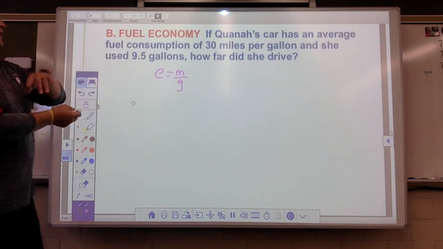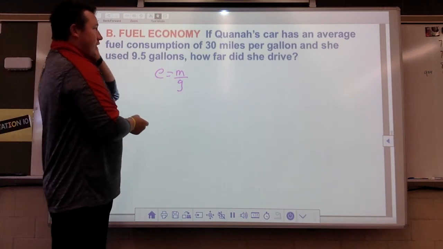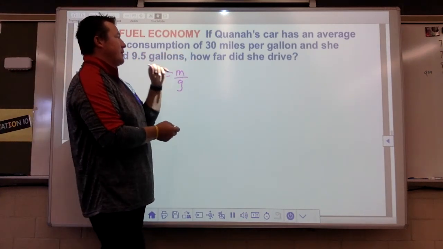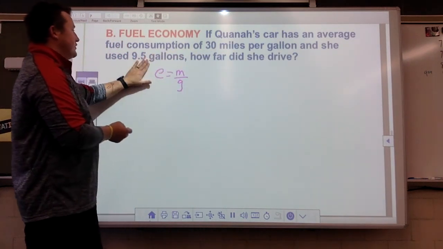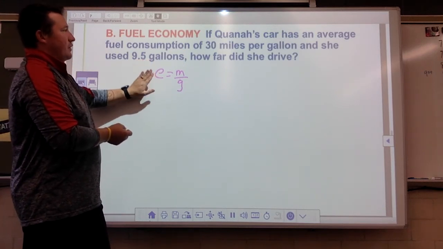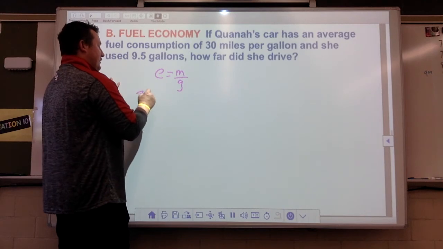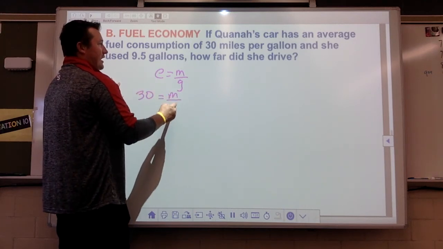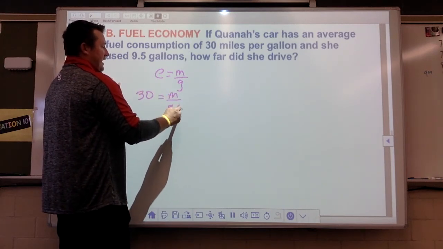All right, so they said Q's car had an average fuel consumption of 30 miles per gallon, and she used 9.5 gallons. How far did she drive? So in other words, this is 30. We don't know how many miles she drove, and this is 9.5.